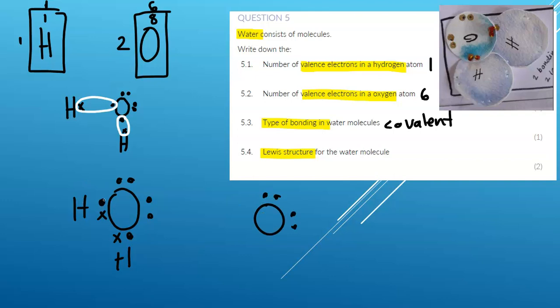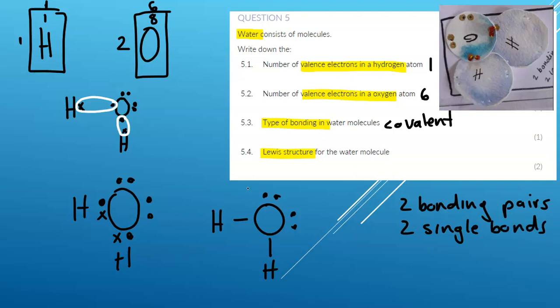And then this is a bonding pair because I have a dot and a cross, so I can change that into one line, a single bond, and then I have another one over there. So now I can see I have 2 bonding pairs. Those are the ones that overlapped, which means I have 2 single bonds, and it also means that the ones that are left are the 2 pairs of non-bonding electrons. Okay. And that is the Lewis structure of water. So if you don't have it on your poster yet, this is something that you can add.